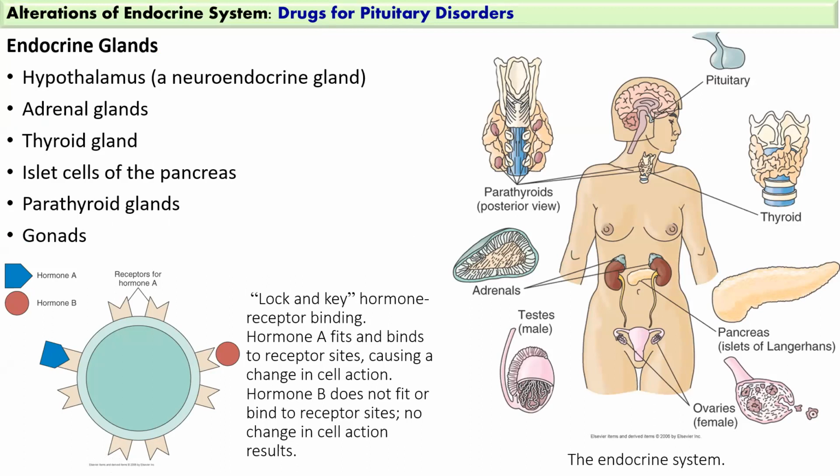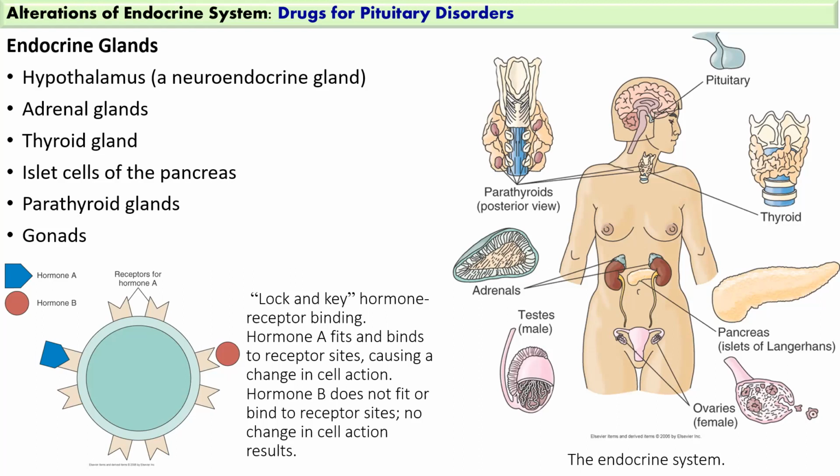So the master, like level 1 management, will be the hypothalamus. Level 2 management will be the pituitary gland, and then the third line of management includes all these organs and glands that will secrete the hormones. So we have 3 levels.